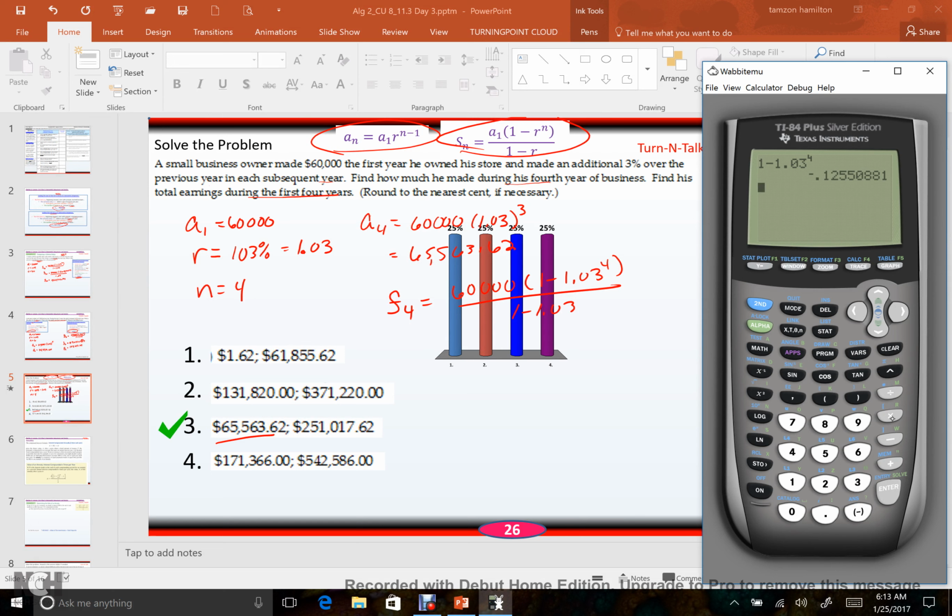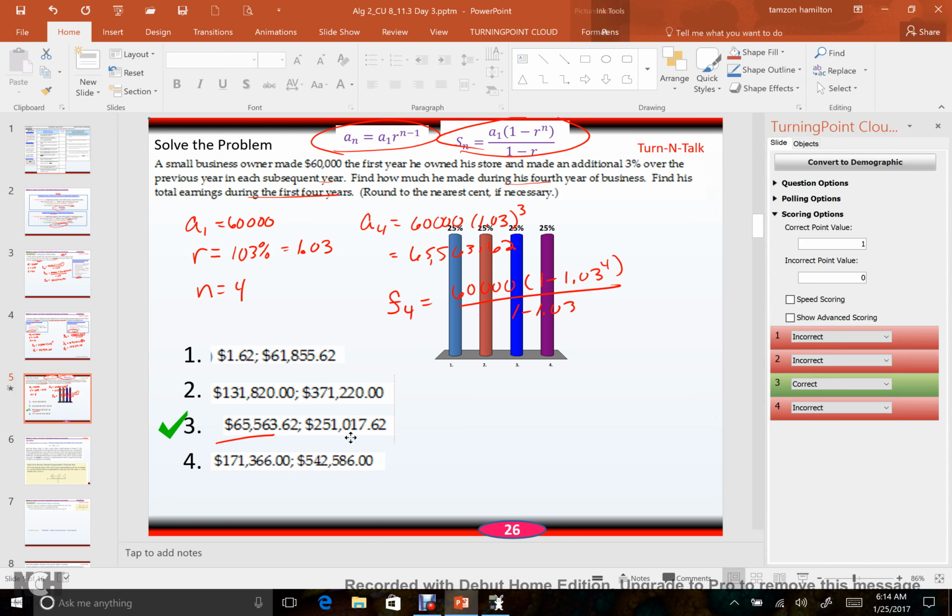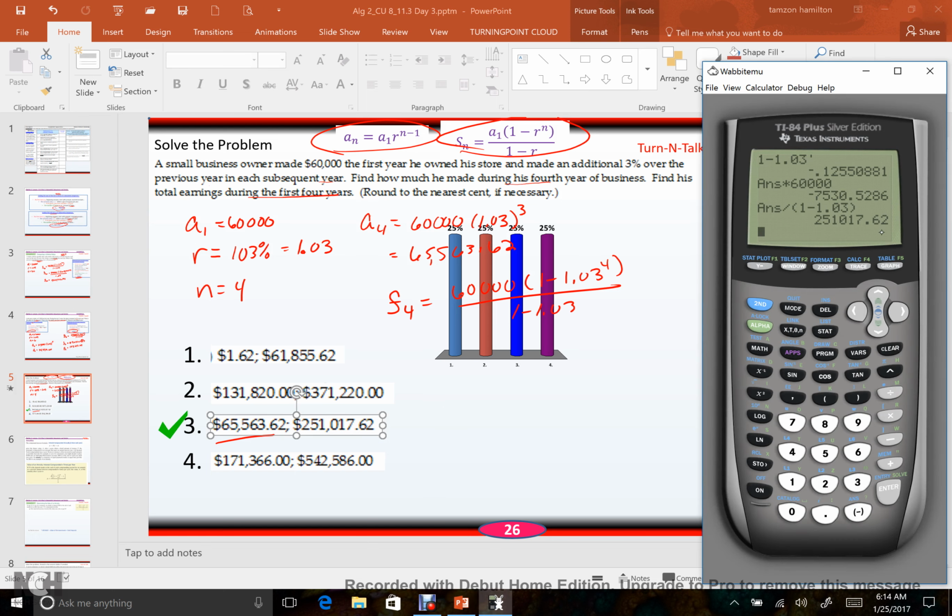And then I hit times 60,000, enter. And then I hit divided by parentheses, 1 minus 1.03 parentheses, enter. And I get 251,017.62. Okay?